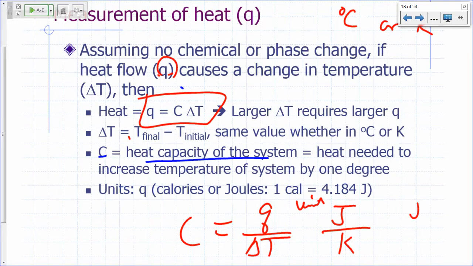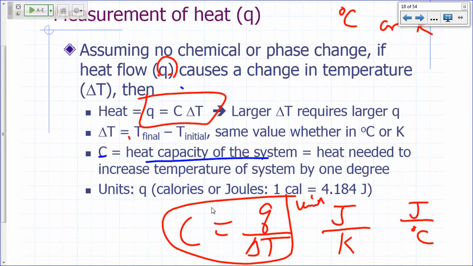Or you can say it's joules per degree Celsius. So that's your heat capacity. That's the amount of energy in joules needed to cause a temperature change of 1 degree Celsius or 1 Kelvin. All right. Unit for Q is calories or joules, and 1 calorie is 4.184 joules.